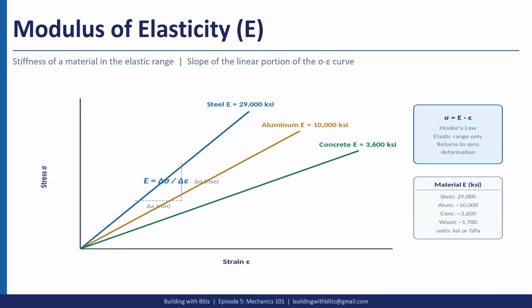Here we have a graph, not to scale, I will say, but steel is most of the time, and this is a pretty standard number, 29,000 KSI. If you're designing steel, you're going to see that a lot. If you're designing concrete, you're going to see that a lot with rebar calculation. And there are different grades, grade 60, etc., that give you a certain yield point. But the modulus of elasticity, 29,000 KSI, you're going to be using a lot.